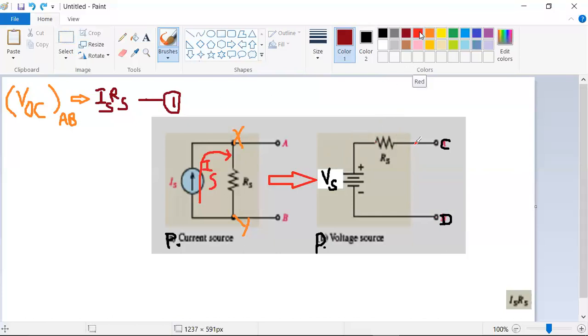Now let me write that point clearly. Sorry, let me change my color.